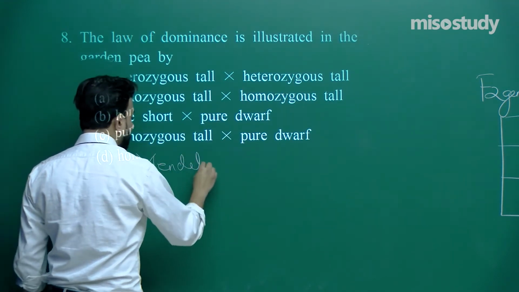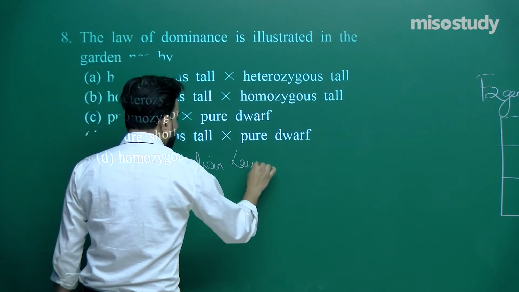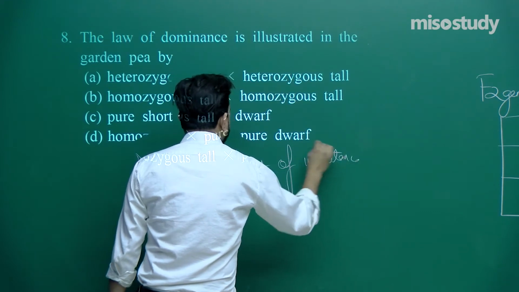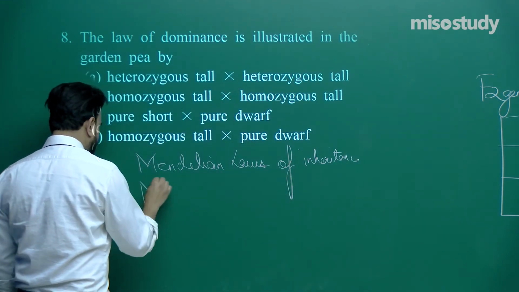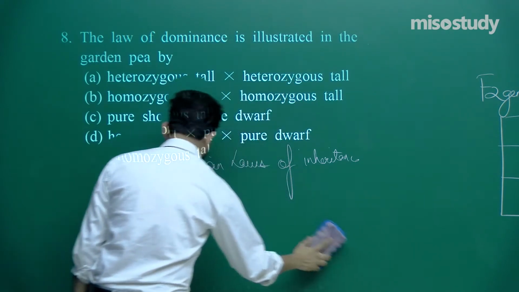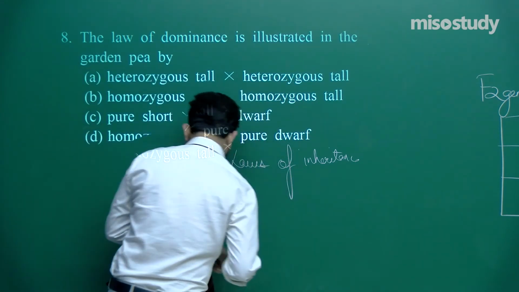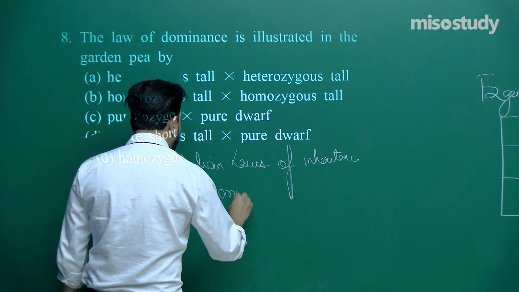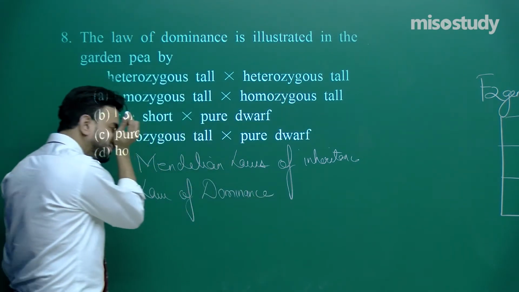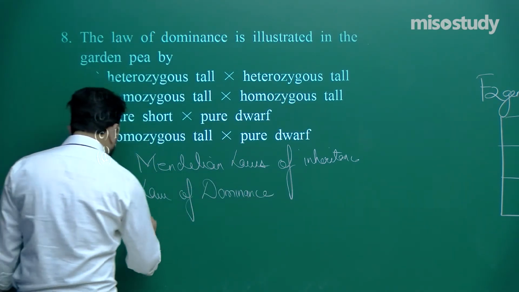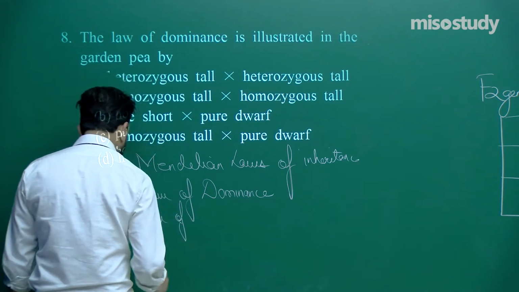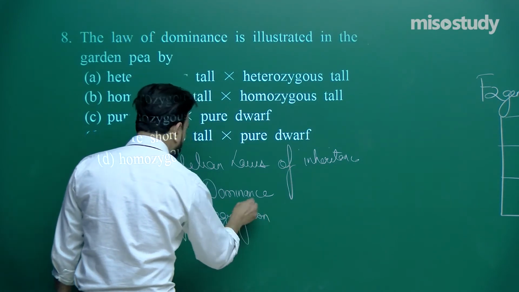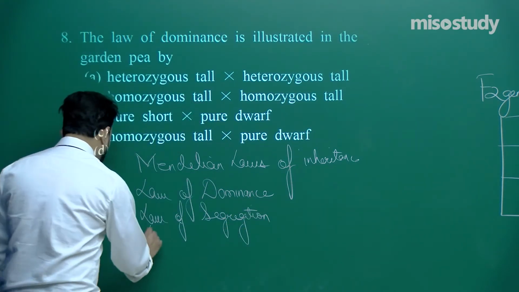Mendelian laws of inheritance. We have the law of dominance, after the law of dominance we have the law of segregation, and then we have the law of independent assortment.